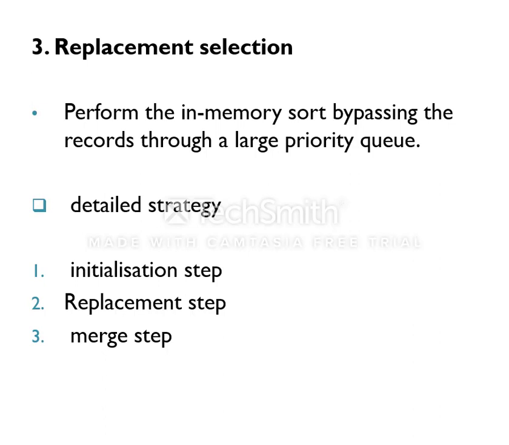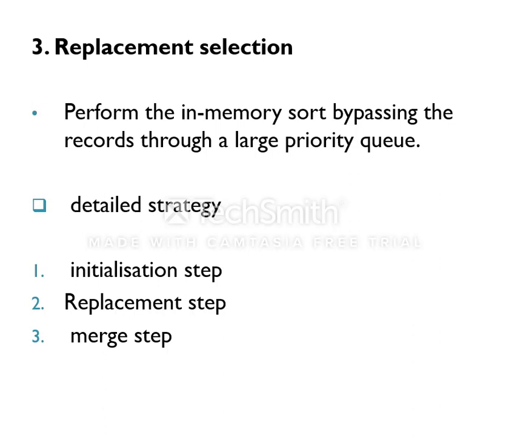In the replacement step, instead of writing the entire primary heap in sorted order, write only the record whose key has the lowest value. Then bring in a new record and compare the value of its key with that of the key that has just been output. If the new key value is higher, insert the new record into its proper place in the primary heap.